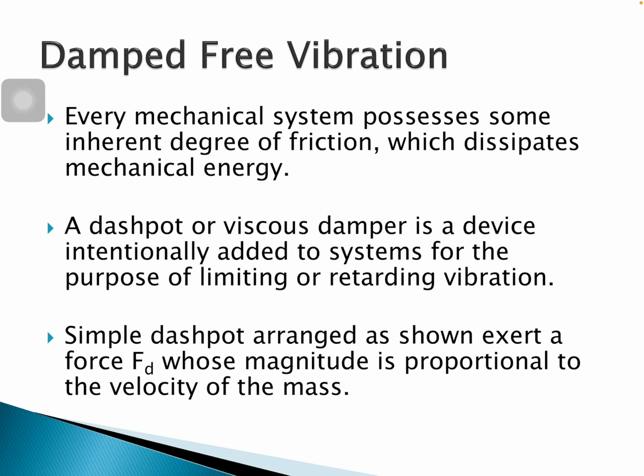In calculation we can ignore the friction, but in real life friction always exists. Friction will dissipate the mechanical energy, and it acts like a damper. This is one type of damper, which is unintentional. Sometimes we don't want this kind of damper, or we want to minimize it.